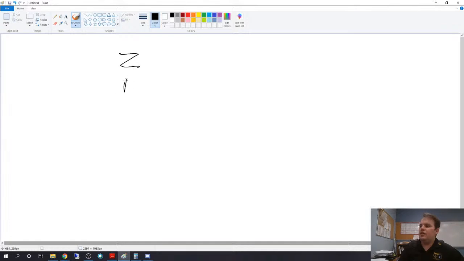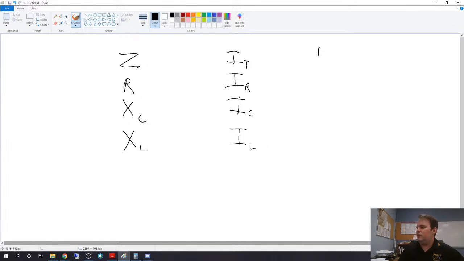So we have Z, R, X of C, and X of L. I total, I R, I C, I L. E total or applied, E R, E C and E L. These bottom two rows don't matter at all.